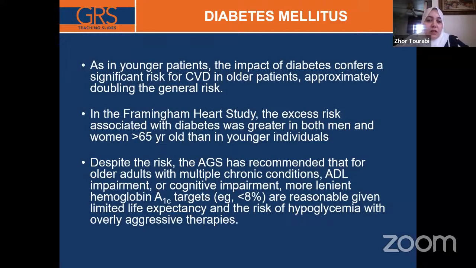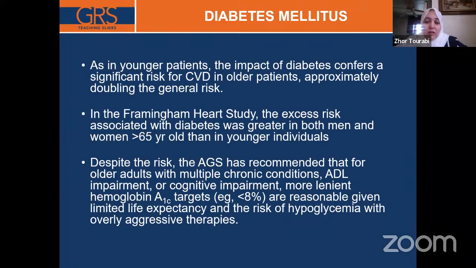Diabetes mellitus. As in younger patients, diabetes confers a significant risk of cardiovascular disease in older patients, approximately doubling the general risk. In the Framingham Heart Study, the excess risk associated with diabetes was greater in both men and women 65 years old than in younger individuals.